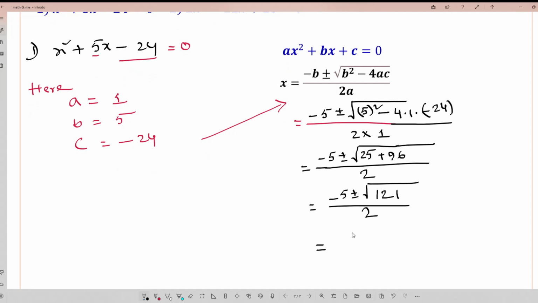So what will be the answer? Here is minus 5 plus or minus, divided by 2, and if we take the root of 121 we will get 11.